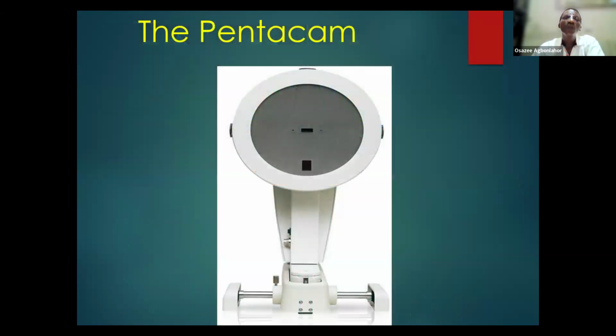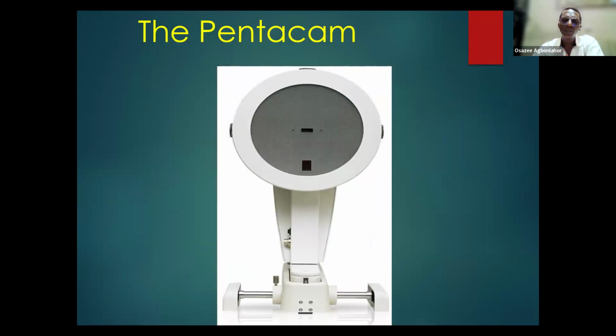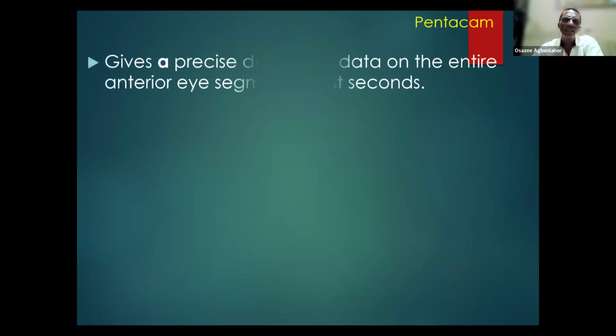Pentacam is actually one of the very, very latest topographers we have. Very useful, and it gives a lot of information. One of its uniquenesses is that it can do what we call the BAD map, the Belin Ambrosio map, where it analyzes and gives you some form of monitoring as time goes by. That's how the Pentacam looks like.